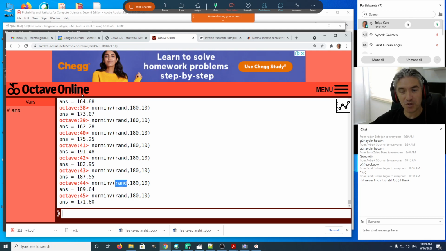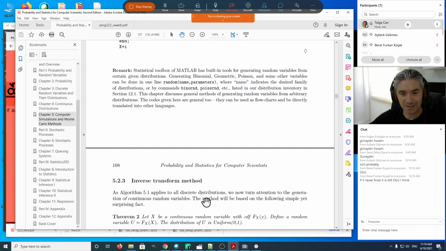So the normal distribution is nice. Its inverse CDF is already given in MATLAB, so you can directly use this function to generate from the normal distribution. Not all functions are nicely invertible like this, but if you have a function that you can invert, it will work. Now, what is the intuition behind this theorem?